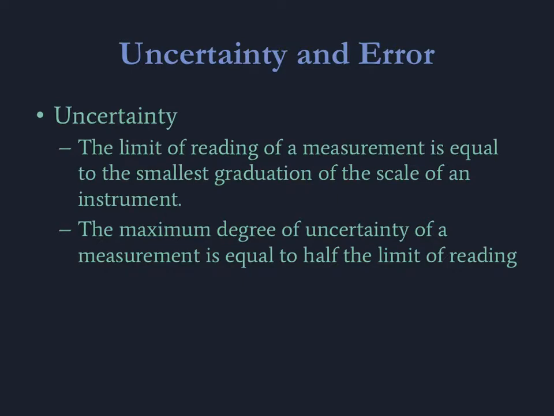Then we have our uncertainty. And again, this is related to the actual device itself. We talk about a ruler that has centimeter graduations or centimeter divisions. 1, 2, 3, 4, 5, 6, and those are centimeters.